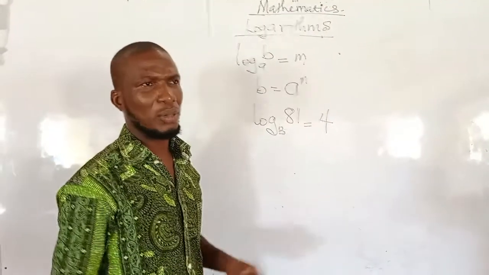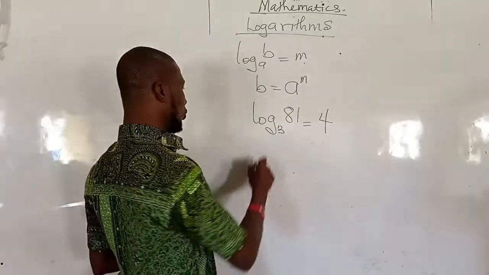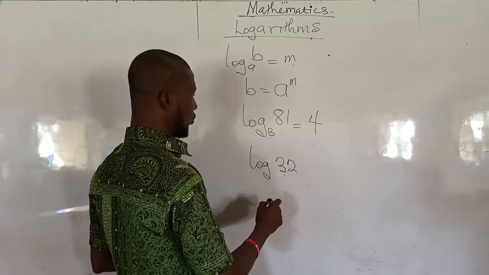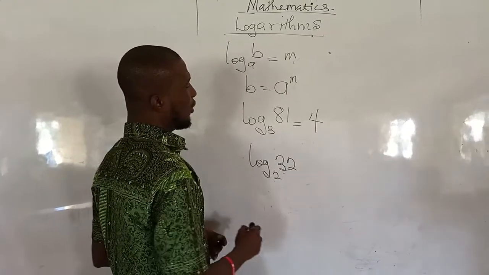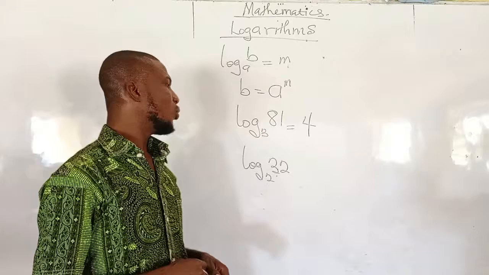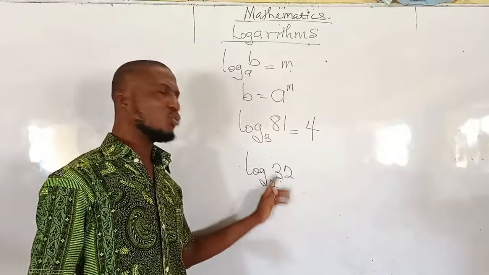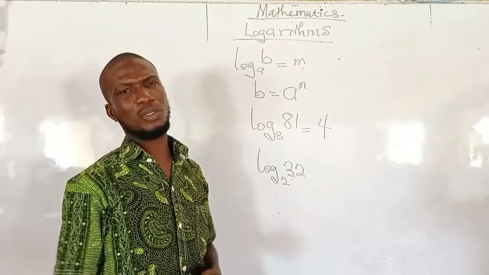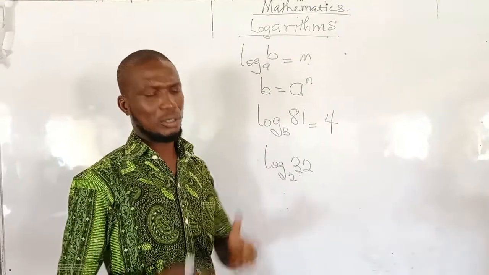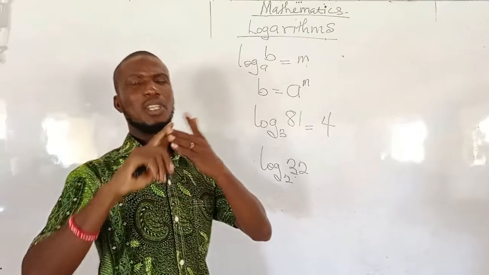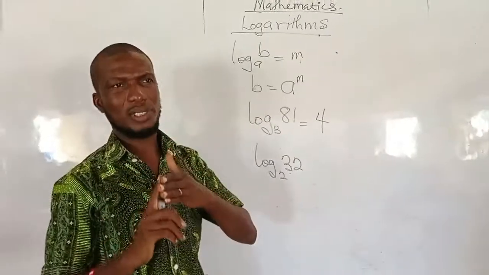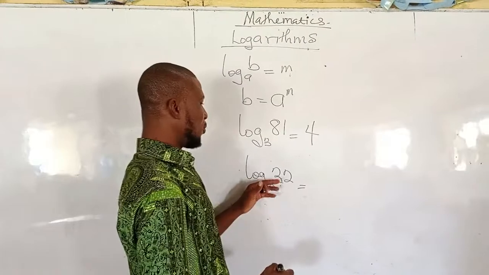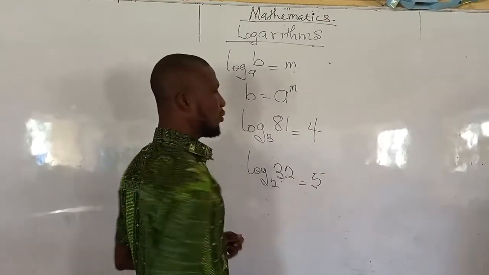We can also take another one, log 32 base 2. They are just asking us again, what number would this 2 raise to give us 32? We can use our calculator to find that 2 times 2 is 4, 4 times 2 is 8, 8 times 2 is 16, and 16 times 2 is 32. So log 32 base 2 is 5.